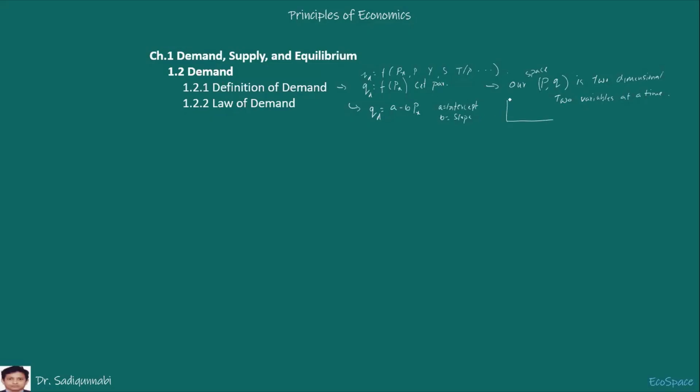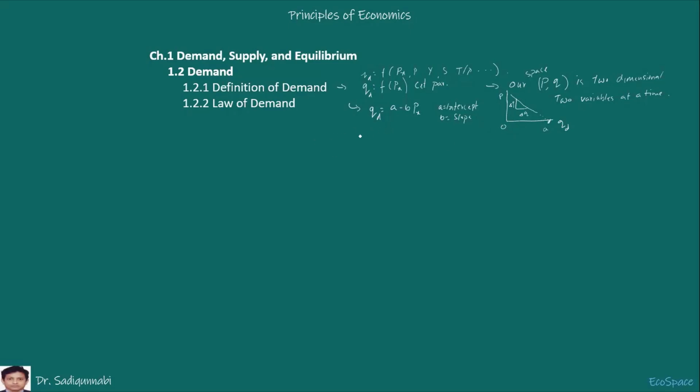And we can find that here P is the independent variable, Q is the dependent variable, and our demand function looks like this. And b is our slope, that means del Q divided by del P.